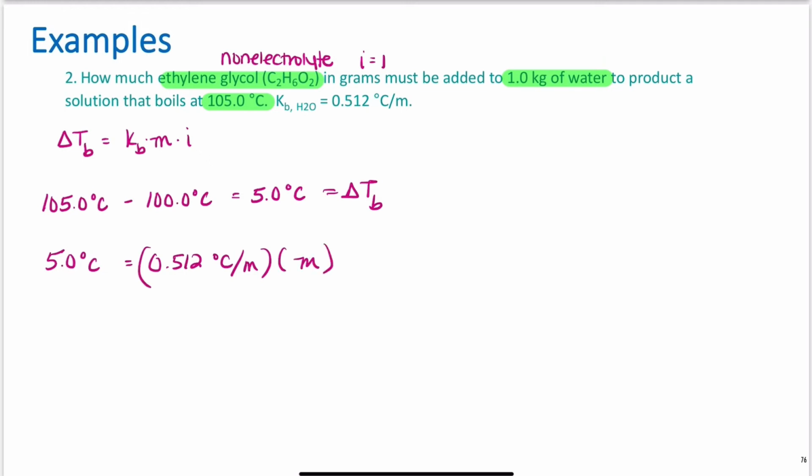I'm trying to solve for molal now because I eventually need to figure out the number of grams of ethylene glycol I need, and i is equal to 1. If I solve this for molal, I find this to be 9.77 molal. I'm going to use that to find the number of moles of ethylene glycol I need, and from there I can find the number of grams.